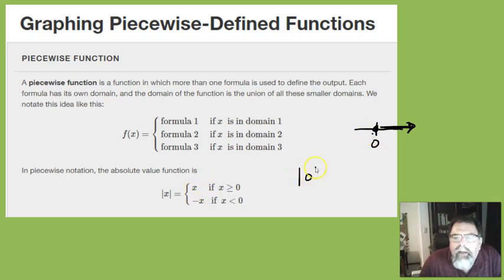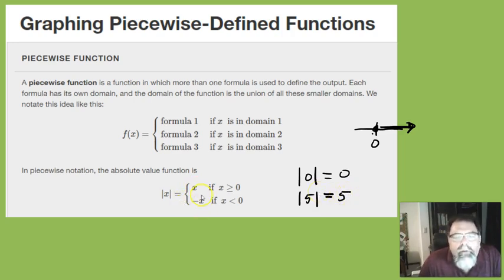The absolute value of x is just x if x is 0 or more, so you just leave it alone. So if x is 5, the absolute value of 5 is just x, which is 5.